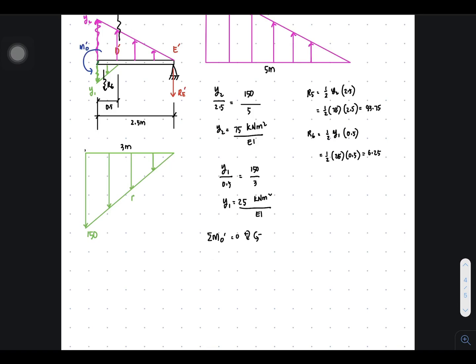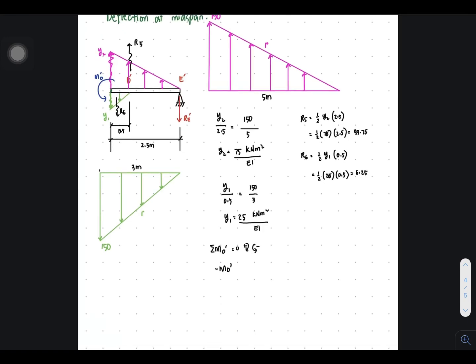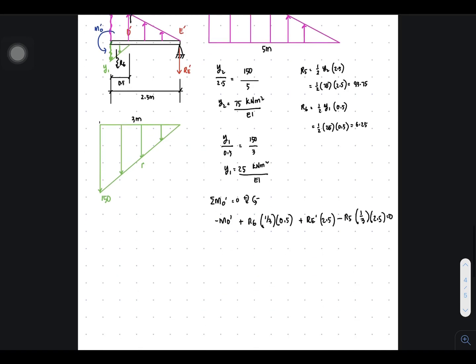You have negative MO prime, and then plus R6 times 1/3 of 0.5, and then plus RE prime times 2.5, and then minus R5 times 1/3 of 2.5 equal to 0.